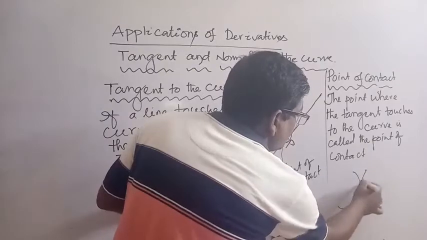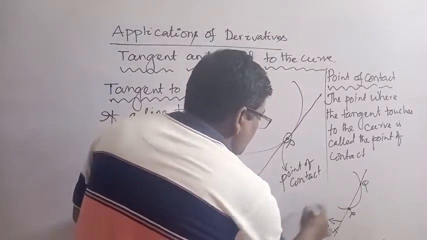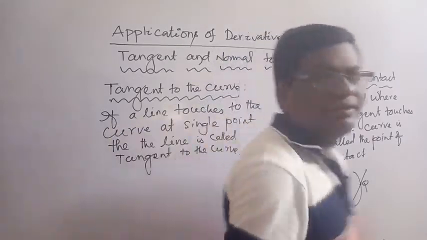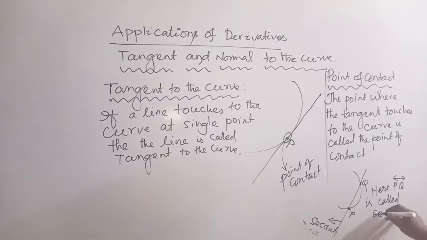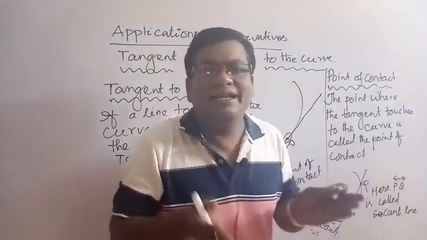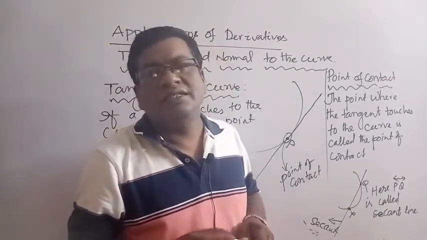Suppose this is P and this is Q. Here the PQ line is called the secant line. What do you mean by secant line? If a line intersects the curve at two points, then the line is called a secant line.